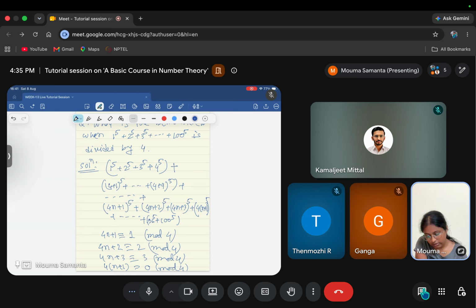So this was the nth entry, and for any integer n, if you take the addition of those 4 consecutive terms, then you will get only these as remainders.